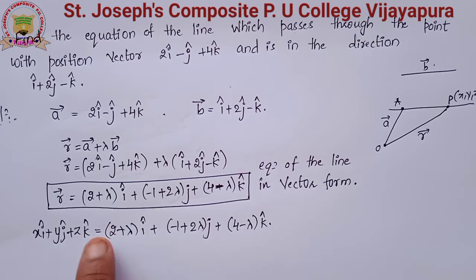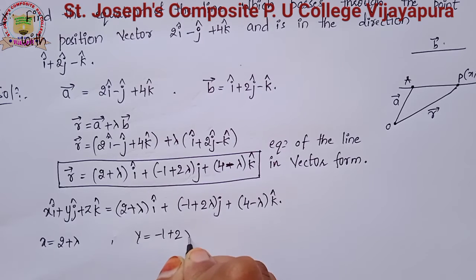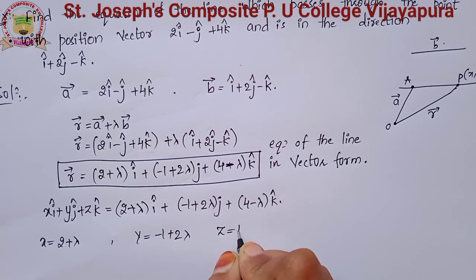Here, equating the coefficients of i, j and k, we get x is equal to 2 plus lambda, y is equal to minus 1 plus 2 lambda and z is equal to 4 minus lambda. These are the parametric equations.